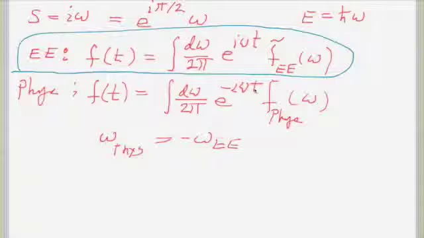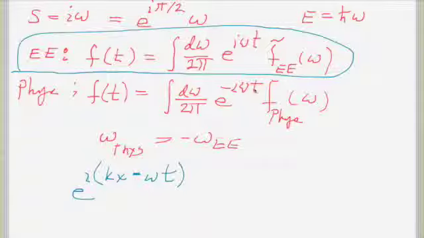Makes perfect sense. Over in physics, what they're usually doing is expanding some phenomenon in terms of a plane wave. So they're expanding in terms of e to the i (kx minus omega t). They're expanding some spatial temporal function as a function of plane waves.